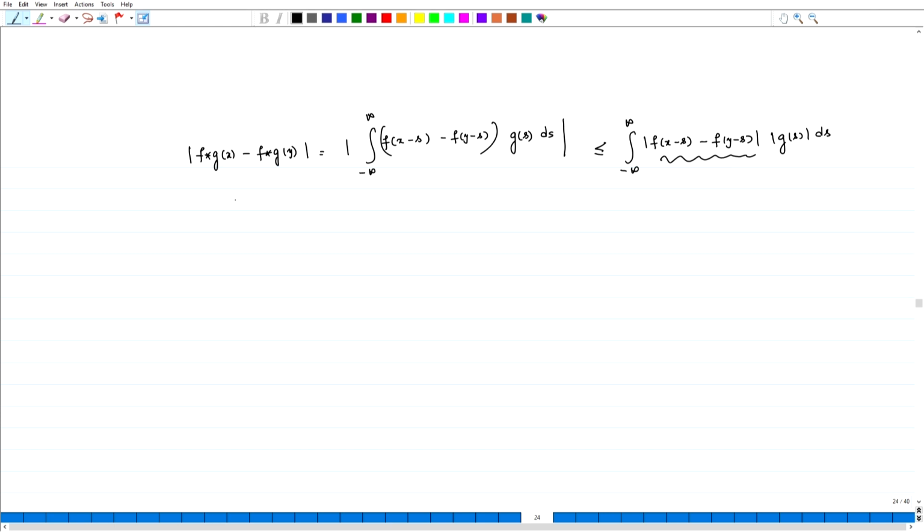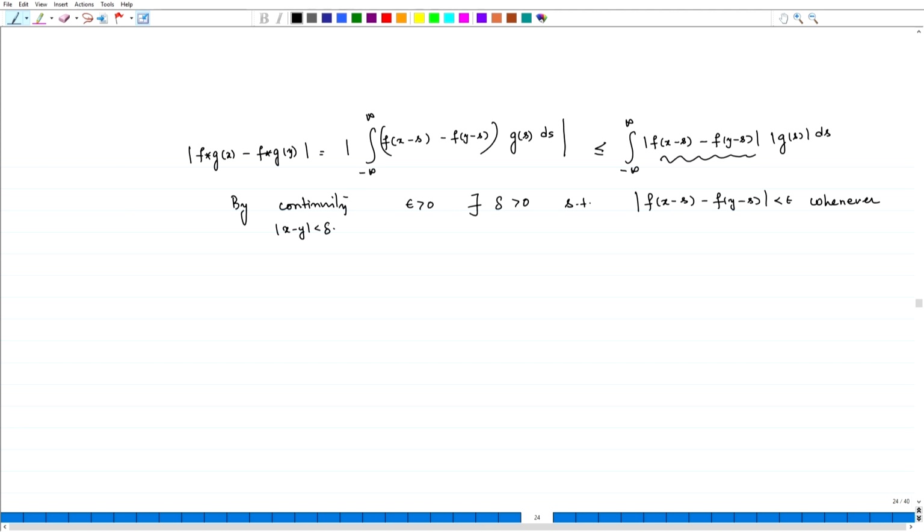So, we know that by continuity, for epsilon positive, there exists a delta greater than 0 such that mod of f of x minus s minus f of y minus s is less than epsilon whenever mod of x minus y is less than delta.